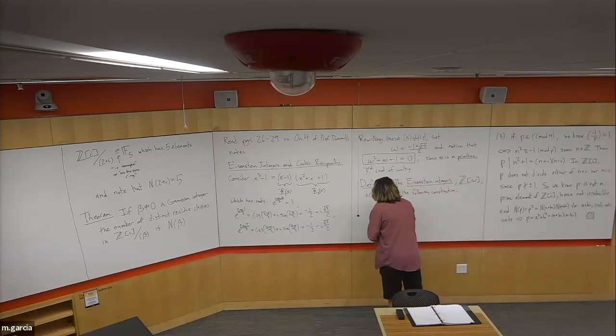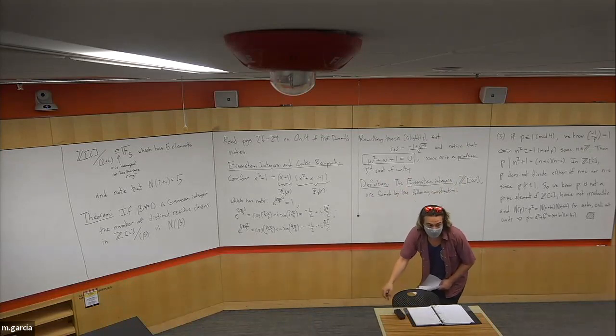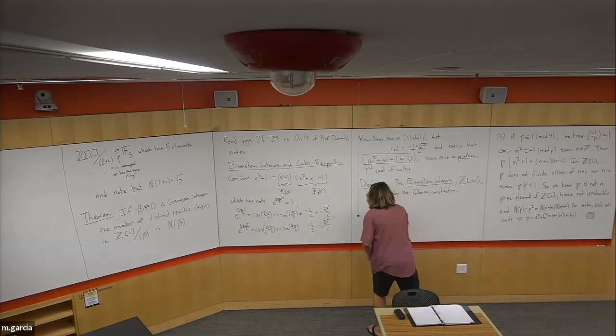Just as before, when we adjoined root d to the integers, we will do the same with omega.